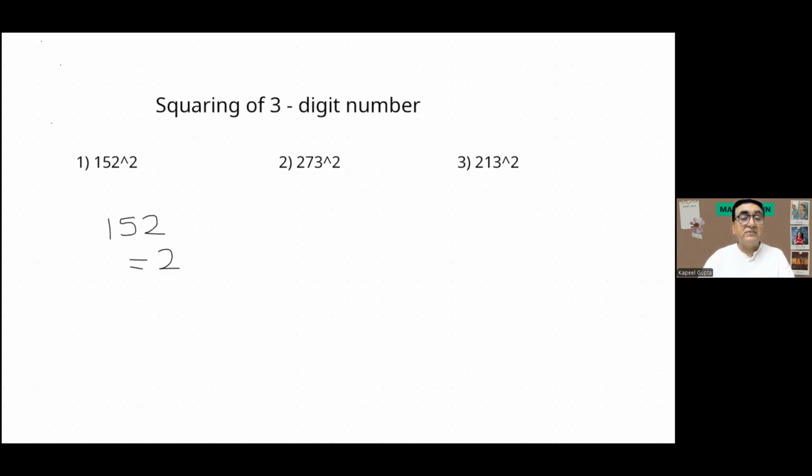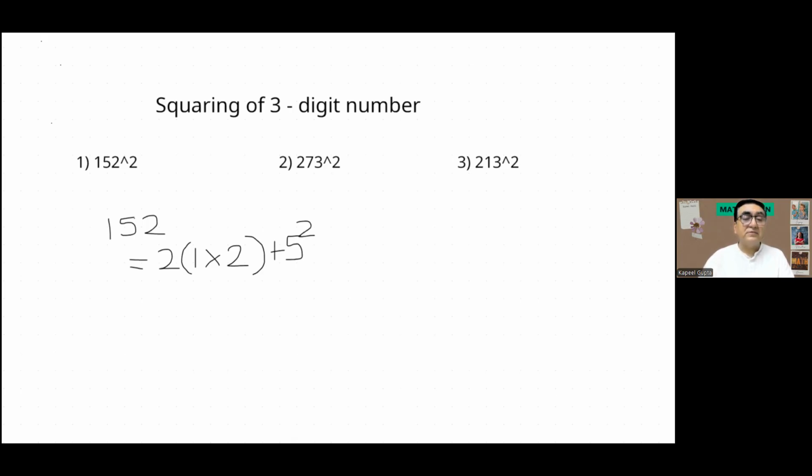So the first digit is 1. I'm saying the product of this, so that means I need to multiply it with the last digit. So that is the last digit in 152. And I have to find the square of the middle digit. So the middle digit is 5.